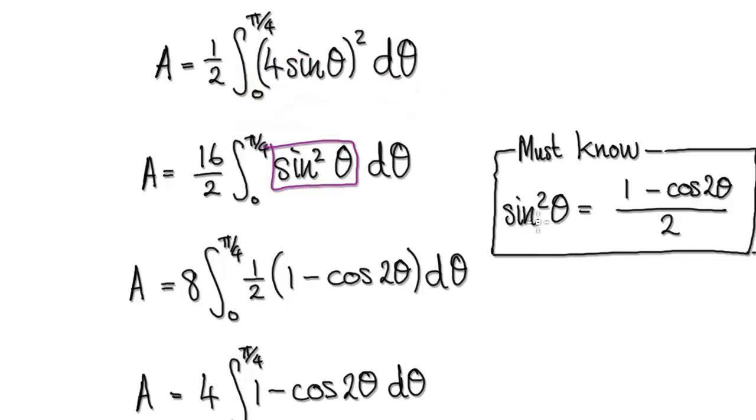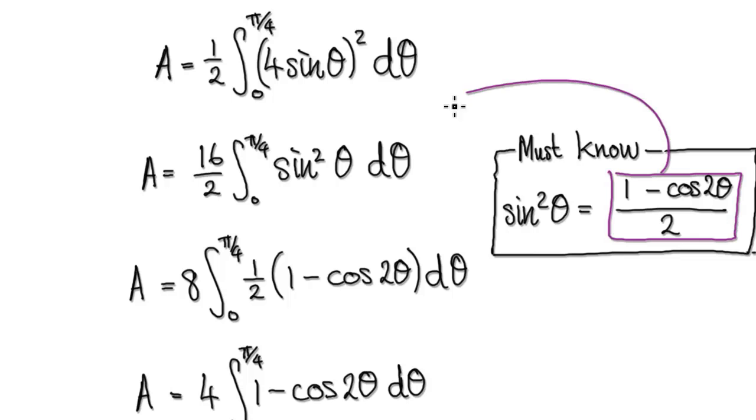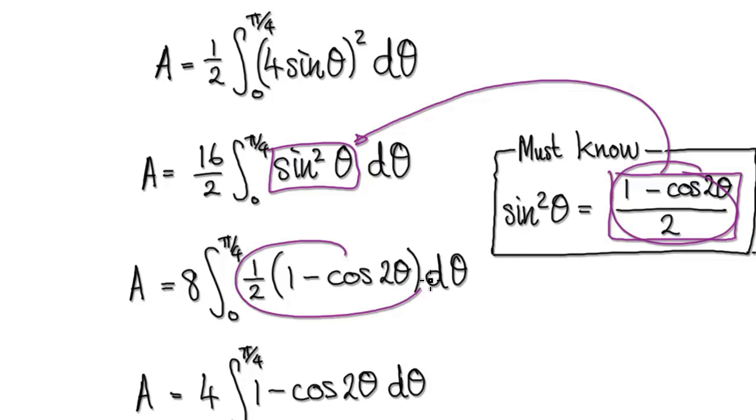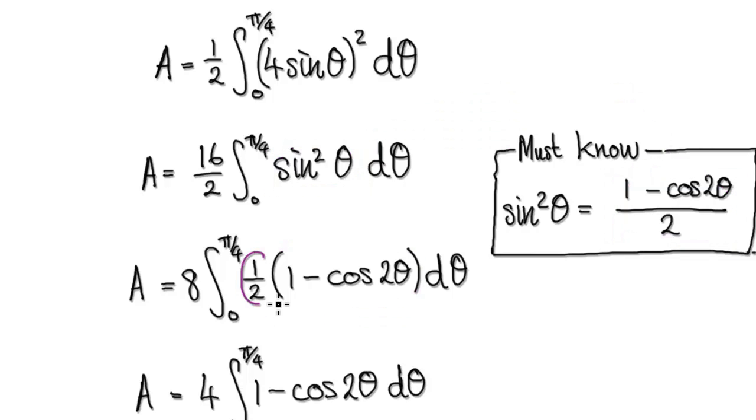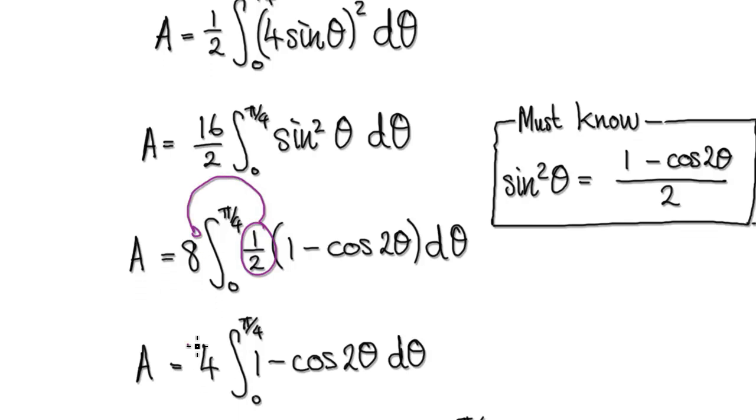Remember, to integrate sine squared, you need to know this. To integrate sine squared, we are going to put this into the sine squared, into here. So this thing here is the same as this thing here. This is a constant, so we can take it out. That will then become 4.